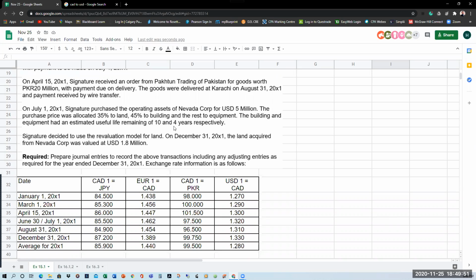We need to depreciate the building and the equipment. And also keep in mind that since we made the purchase on July 1st, 2001, we will only be recording a half year's worth of depreciation for the year that ends December 31st. From July 1st to December 31st is 6 months, half a year.